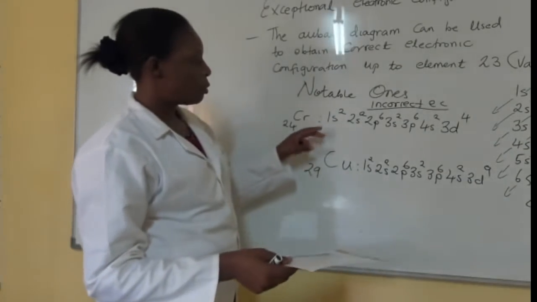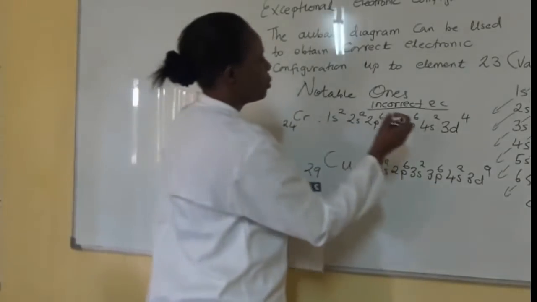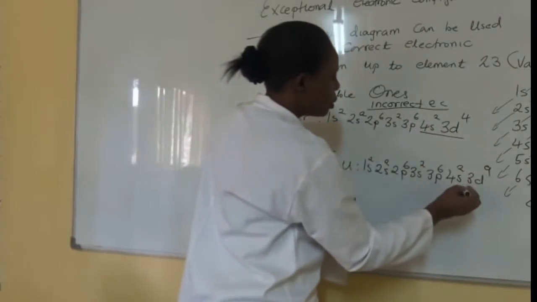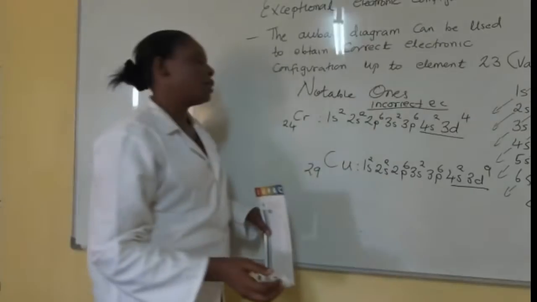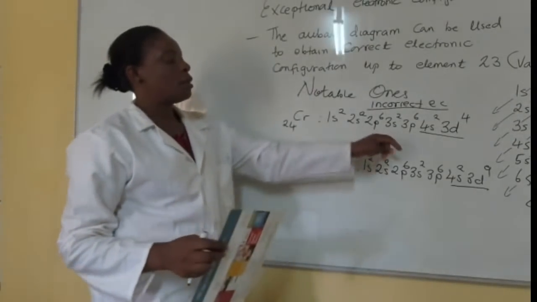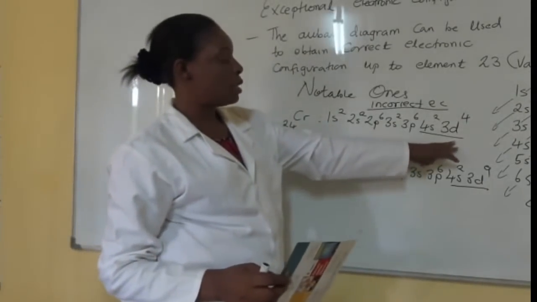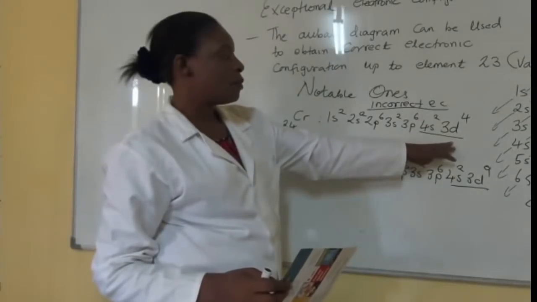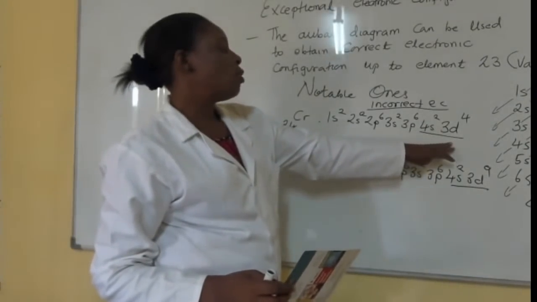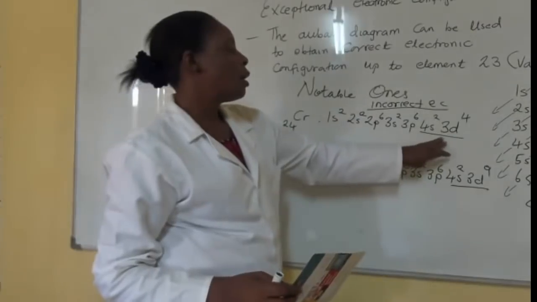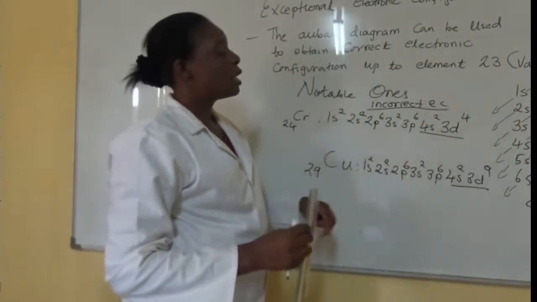So these are incorrect because now we look at those arrangement. Because now there's an introduction of d orbitals in this electronic configuration. D orbitals are actually more stable.